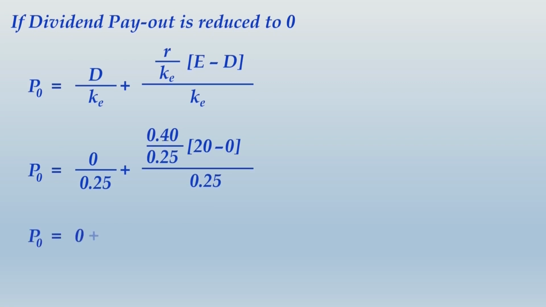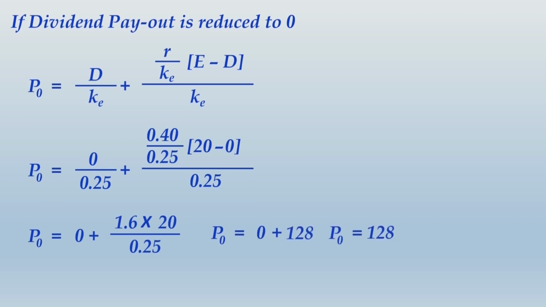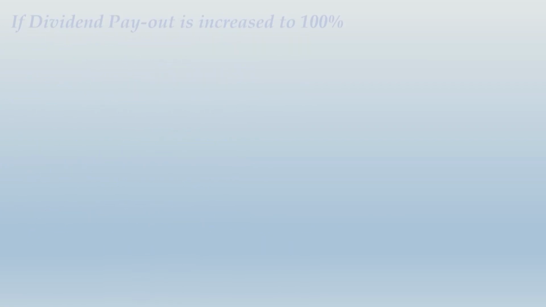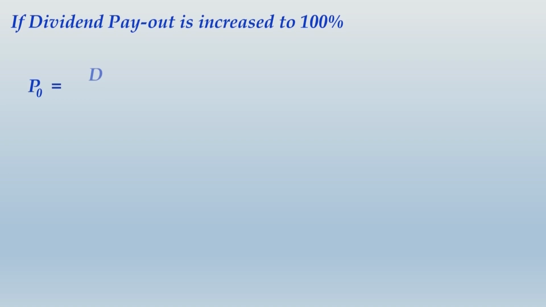In that case, when you apply the formula and make the calculation, it will give you P0 equals 128. Let me take you ahead and you may write up the other possibility, that is what will happen if dividend payout ratio is increased to 100%. I told you there is no need to write the formula again and again, but for your reference I have displayed the formula over here on screen once again.